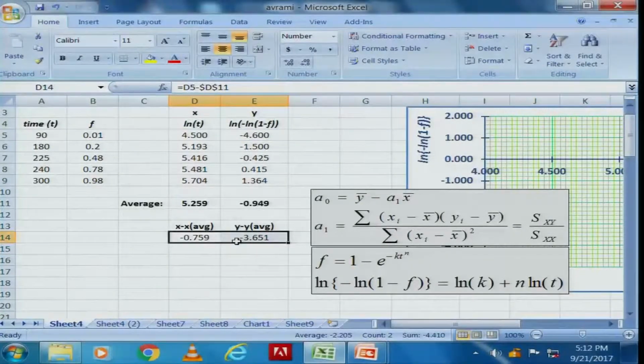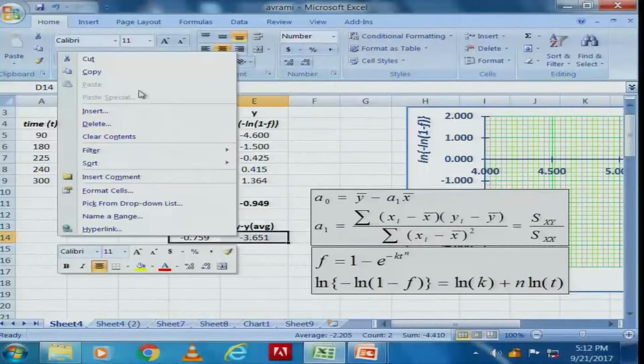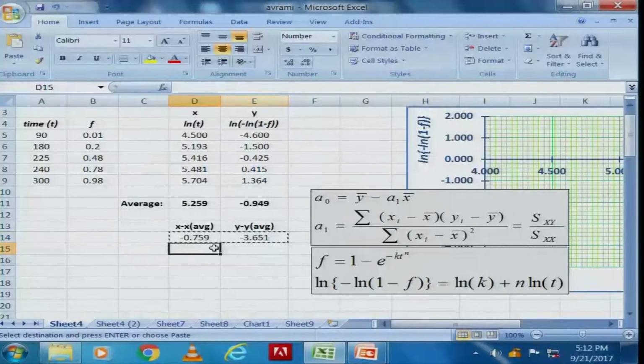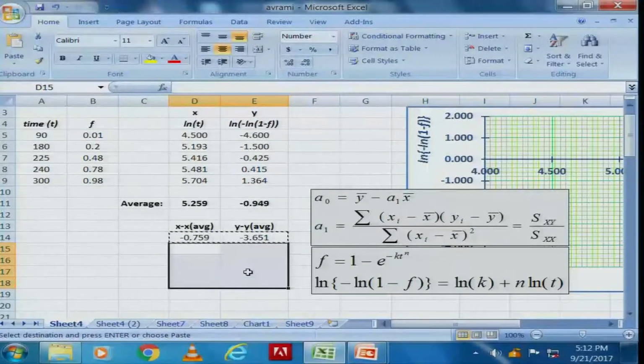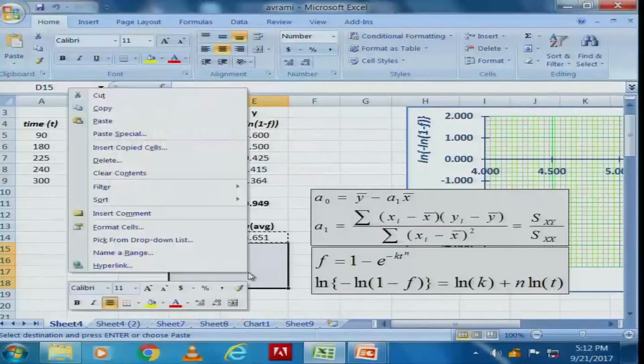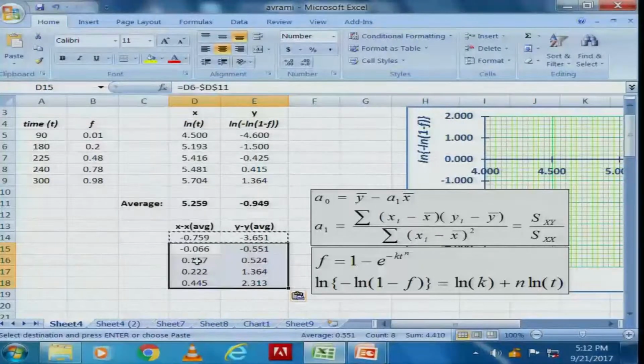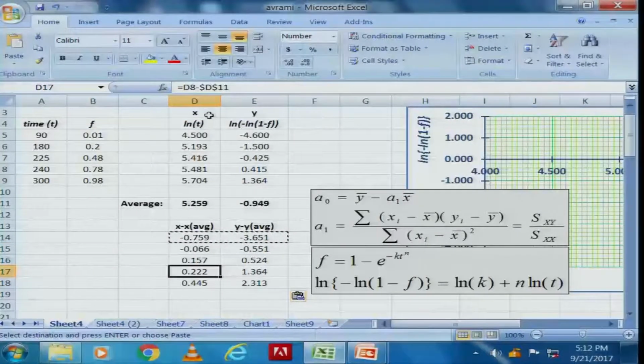Now, I just have to copy this and populate it. I had these 5 data points, so now I have correspondingly 5 sets of x minus x average and y minus y average.